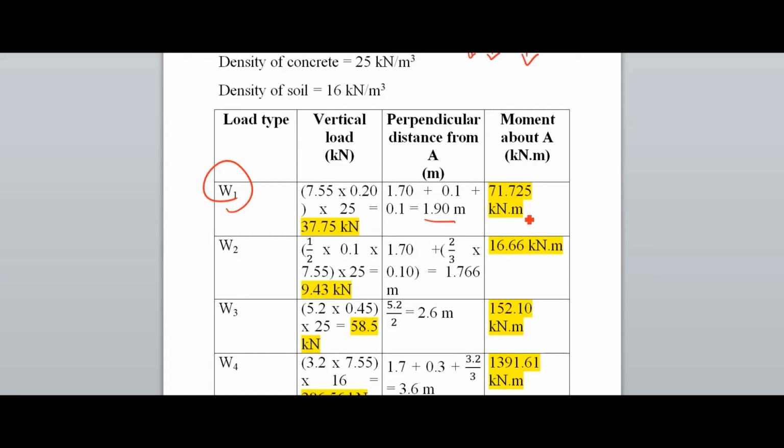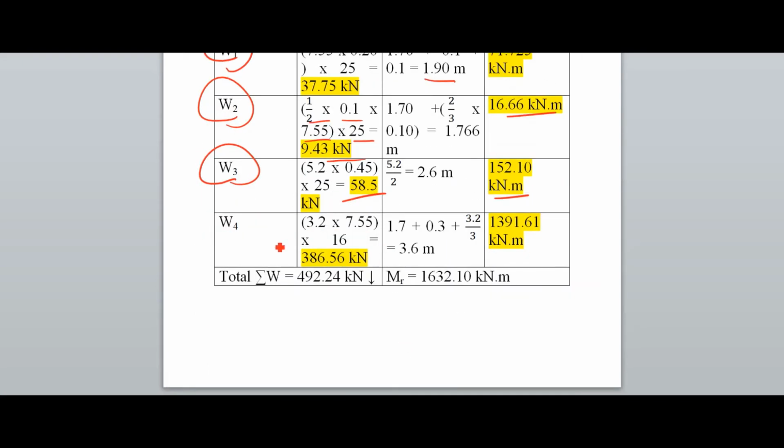Now we have to find W2, 1/2 into 0.1 into 7.55 into 25. So load here, moment here. Same for W3, load here, moment here. W4, total load and total moment, right?